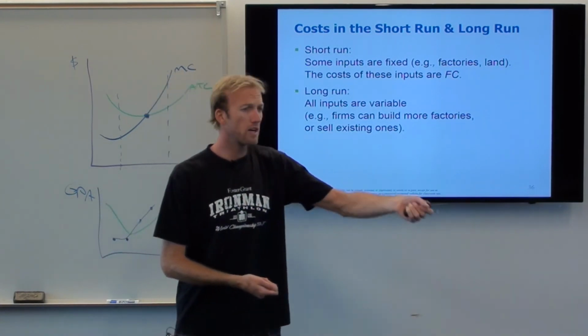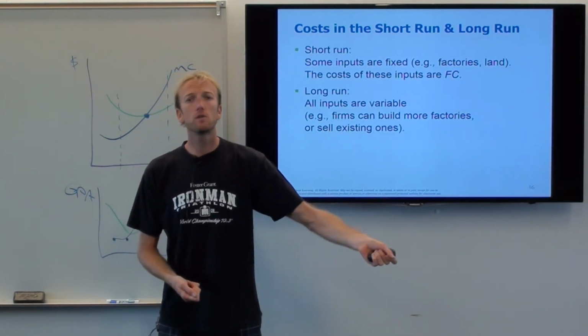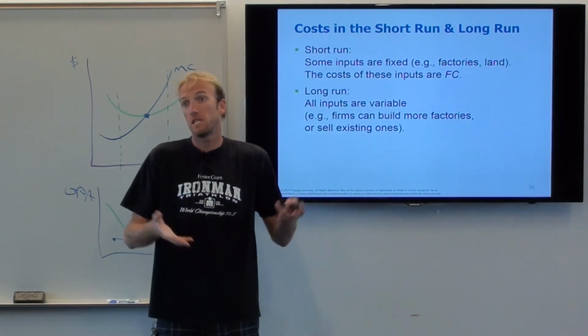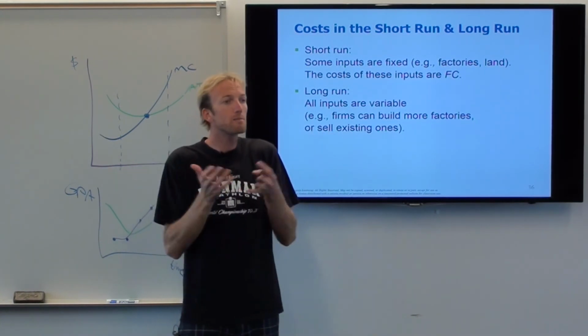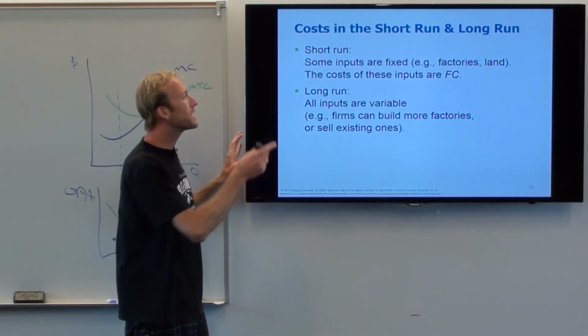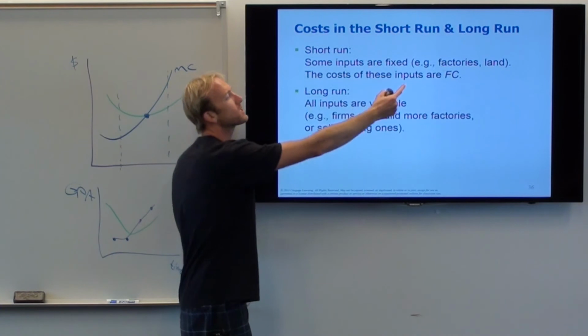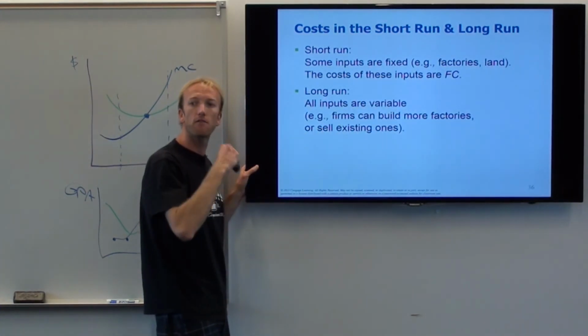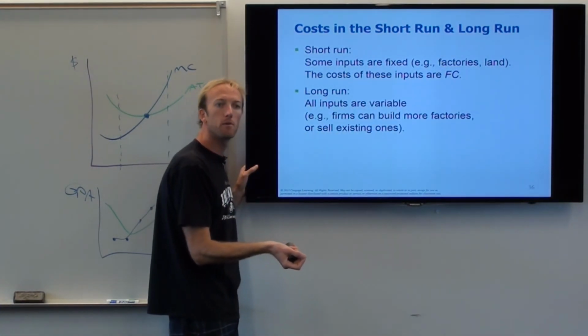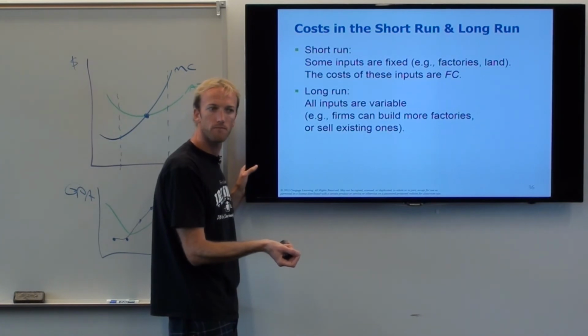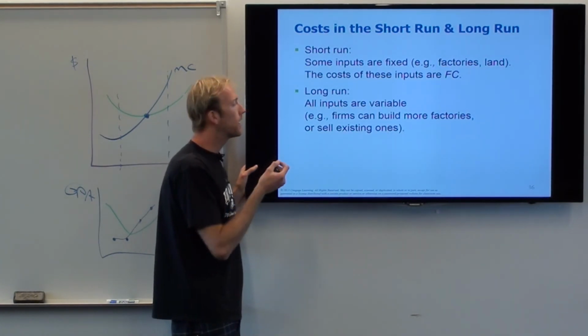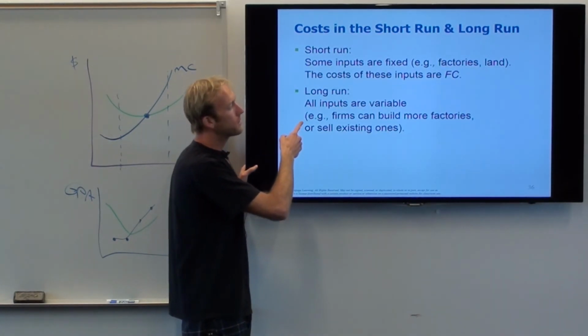But in the super long run, I can change whether I have 2 taco shops, 3 taco shops, 0 taco shops, right? I can change my fixed costs. So in the long run, there's no such thing as a fixed cost because everything gets changed into a variable cost. Okay? In the long run, all the inputs are variable.